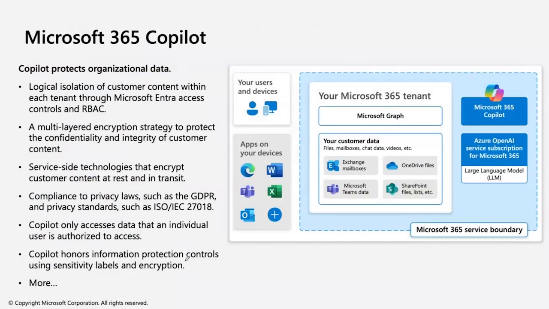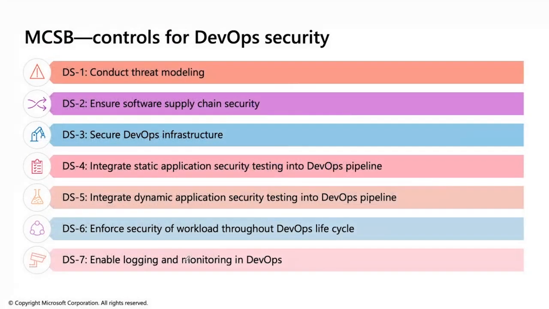Now, what next we have in this? We're also talking about, in MCSB, the DevOps security recommendations that come under DS1, DS2, DS3, DS4, DS5, DS6, and DS7.